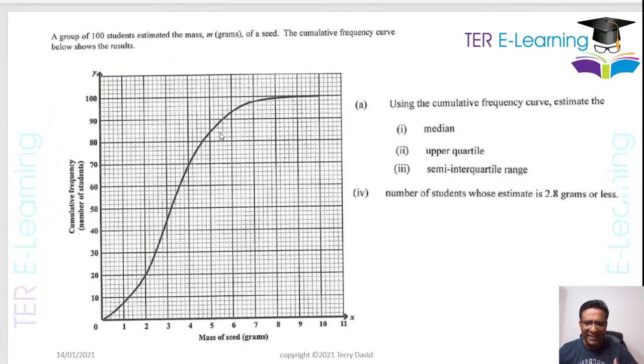In this particular instance, they wanted us to work backwards. So we have a group of 100 students, and they estimated the mass of a seed, and the cumulative curve shows the results. I believe this was January 2020.